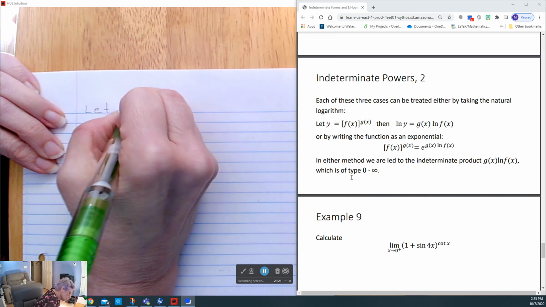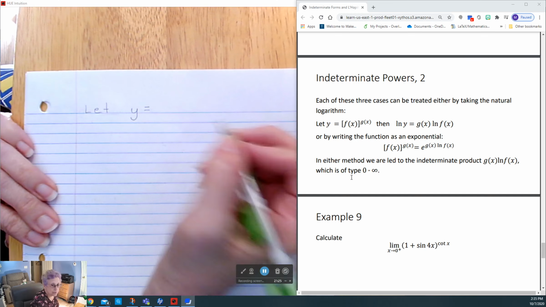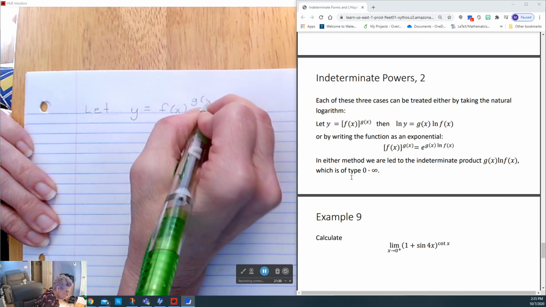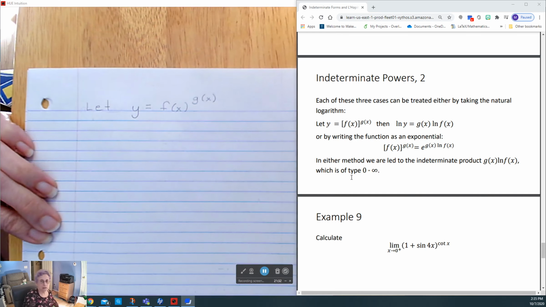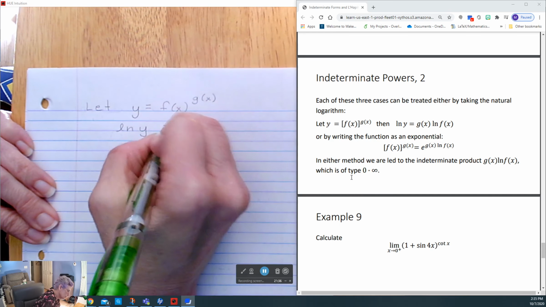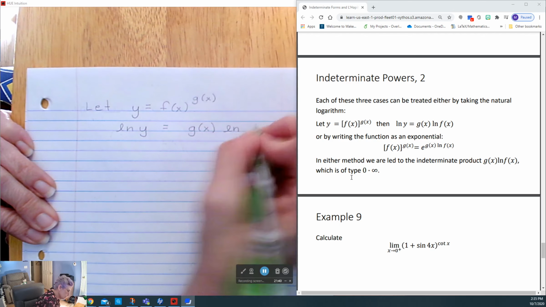Let y be equal to our functions, f of x to the g of x. Then we take the natural log of y, and I'm going to go ahead and let g of x fall down.